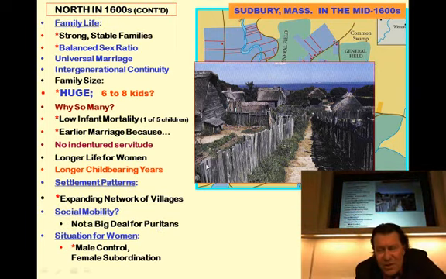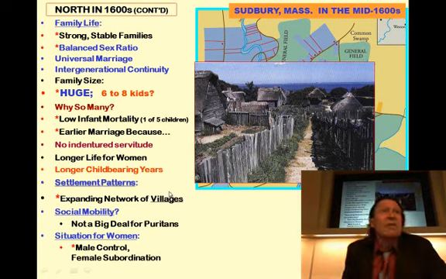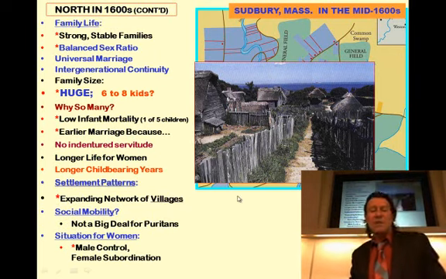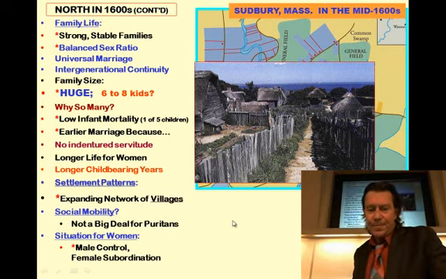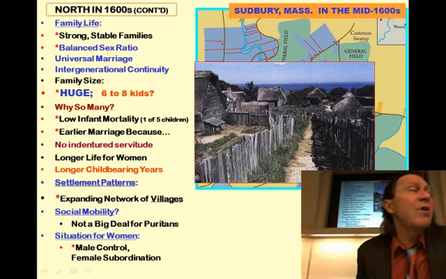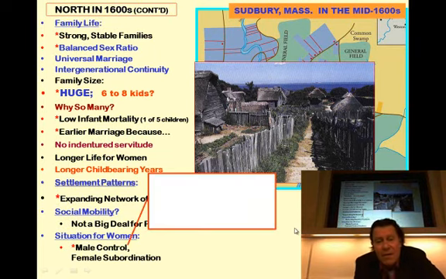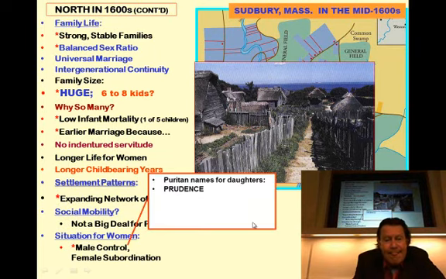The way the Puritans wanted their kids to behave, their women folk, their girl children, is kind of symbolized and illustrated by the names they would often give to their female children, such as Prudence.